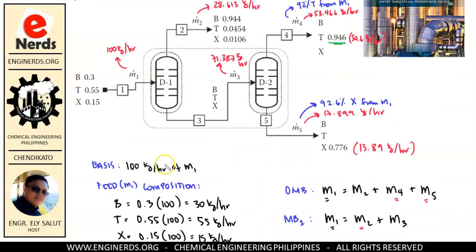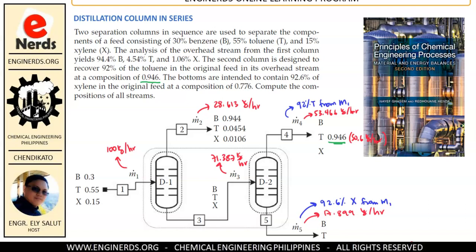So, para maging malinaw, let us write that here. Our B is 27.01. Our T is 1.299. And our X is 0.3033. Okay, so may values na tayo lahat ng M2 and M1.